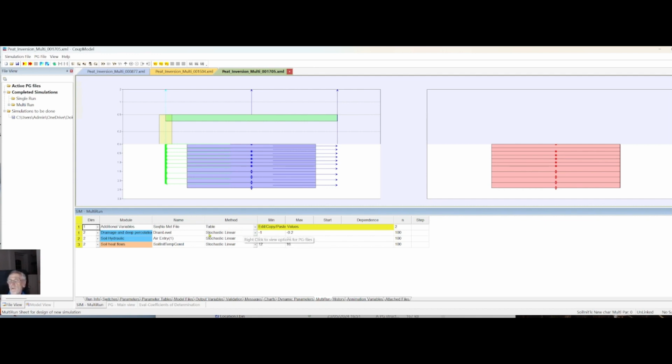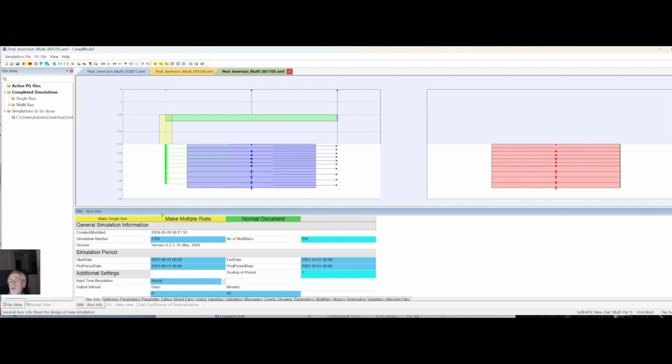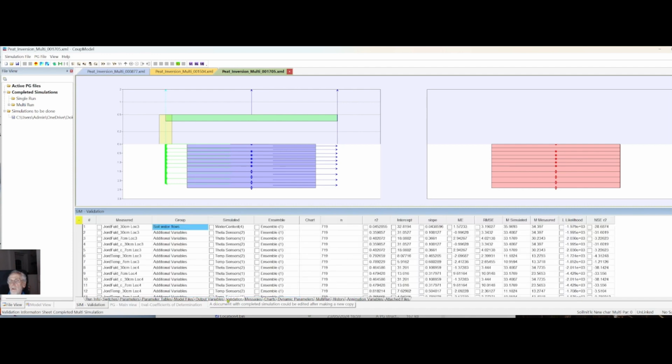Okay, so we will make this once again, go to the run info and click make multiple runs. And we wait for the results, and it will not take too long, but now it's ready.